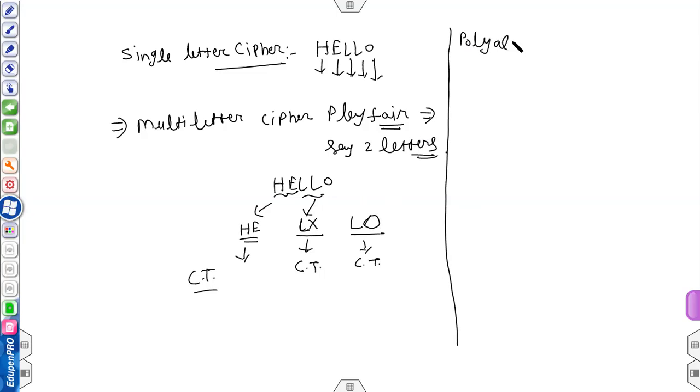And when we talk about polyalphabetic, we may use more than two or three letters, but in the sense that if letters are repeated in this polyalphabetic case, then each occurrence will be replaced with a different letter.